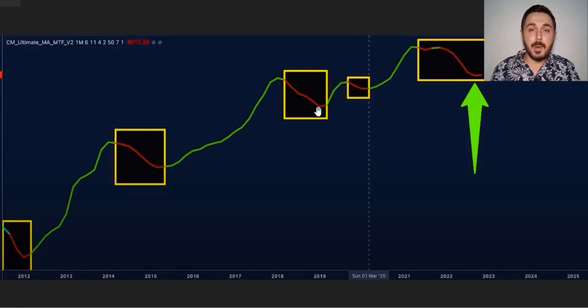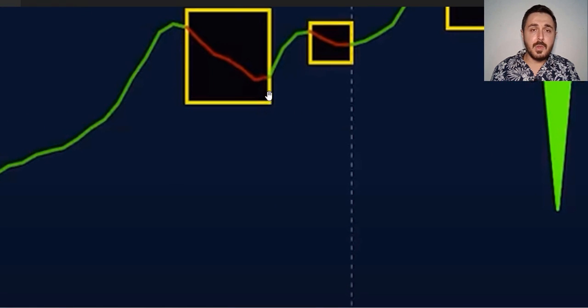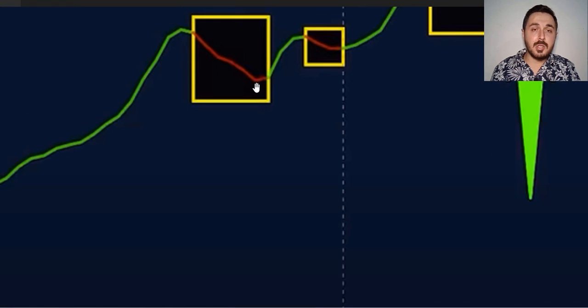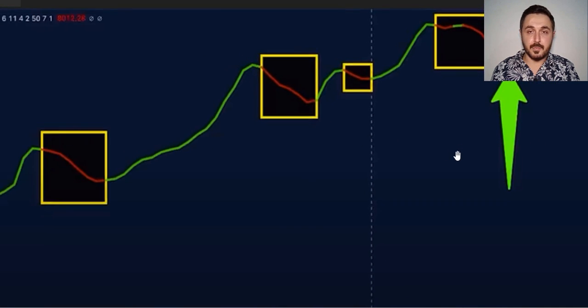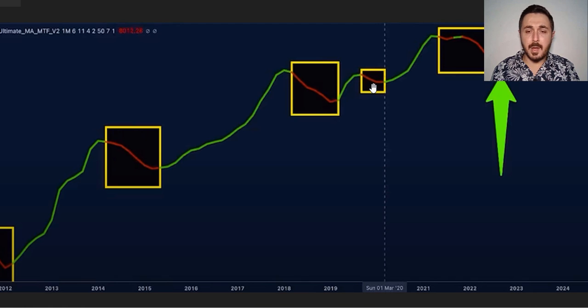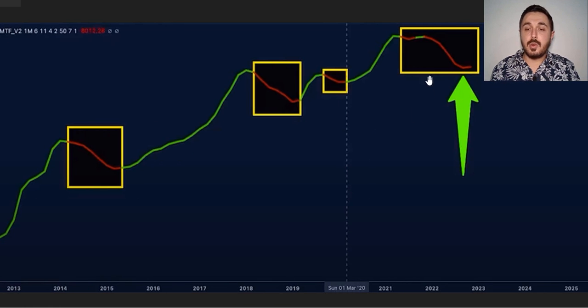Then we had our bear market. You can realize over here we changed our direction. We switched from a decline in the red line into an incline, and later switched to green in a bull run. We also had a mini bear market here back in March 2020, the COVID crash, as you all guys know, but it was so fast.